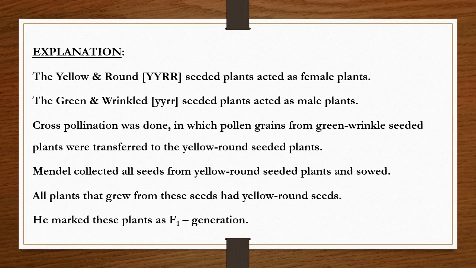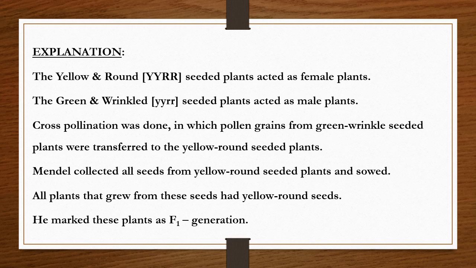The two contrasting characters considered here are yellow round and green wrinkled. The yellow round, represented with capital Y, capital R, seeded plants acted as female plants, and the green wrinkled, small y, small r, seeded plants acted as male plants.